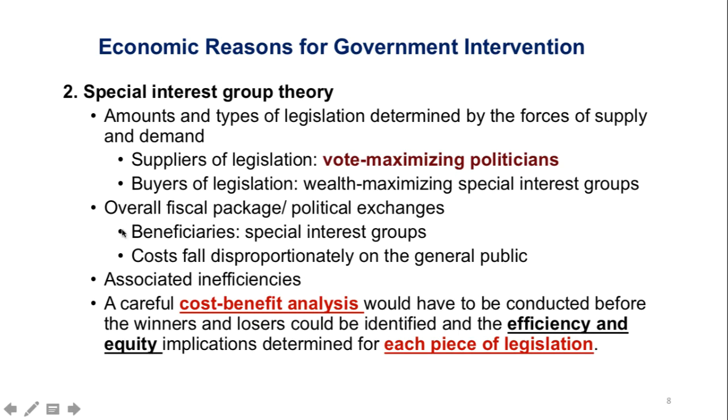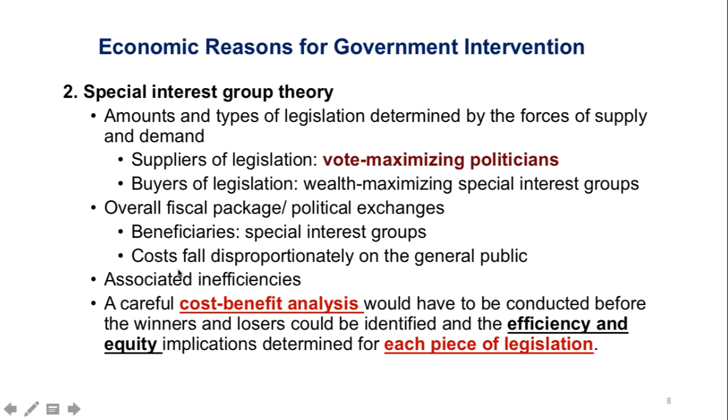Now here, the overall fiscal package and political exchanges, for any piece of legislation, regulation, or intervention, should very clearly determine the beneficiaries for that specific intervention, who the special interest groups are that the government is trying to support, and what the costs are for that intervention.